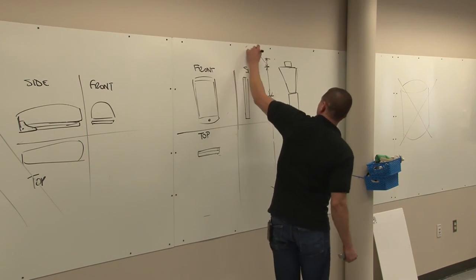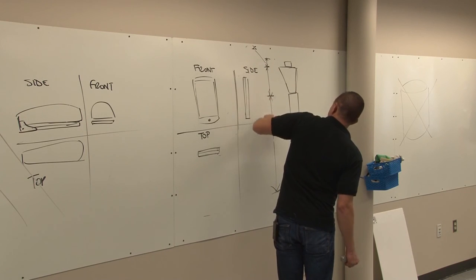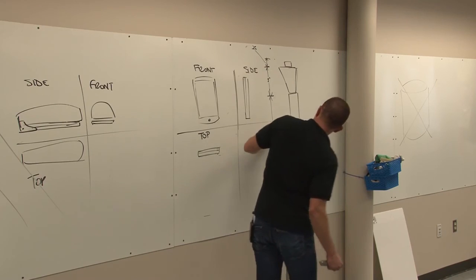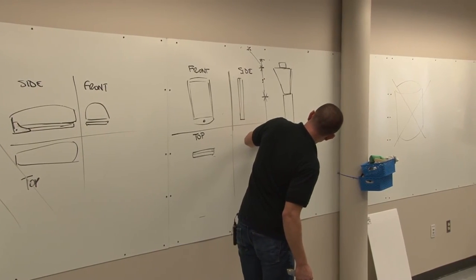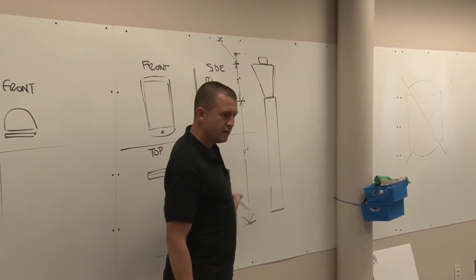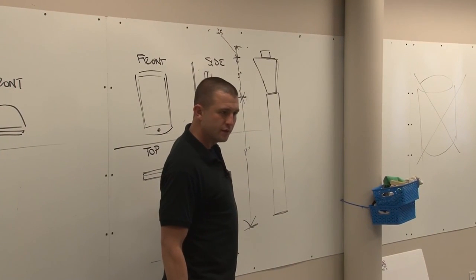Maybe this is 0.25. Maybe in the middle here, this one is 1 inch. And maybe the tube here is 4 inches tall. But do you see how we put it all in one single dimension line, broken into 3 or 4 parts?